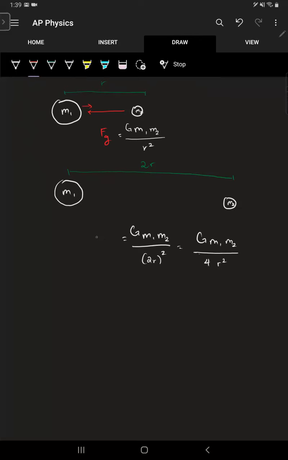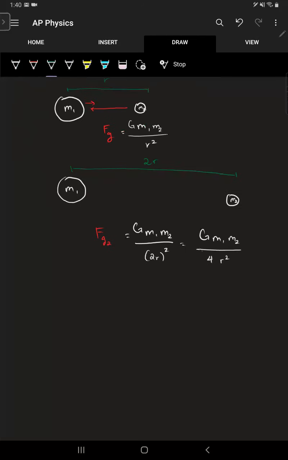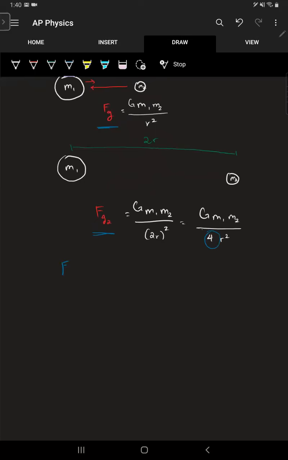And that's our force of gravity 2, the new gravitational force between these. The only difference between the force of gravity's equation and the force of gravity 2's equation is this 4. So that means that the force of gravity 2 equals 1/4 of the force of gravity.